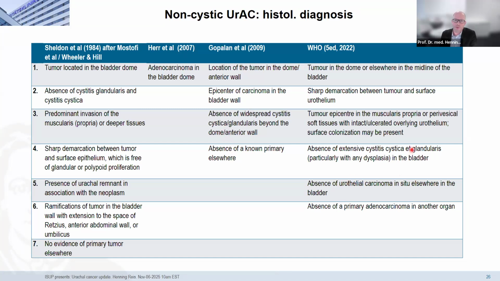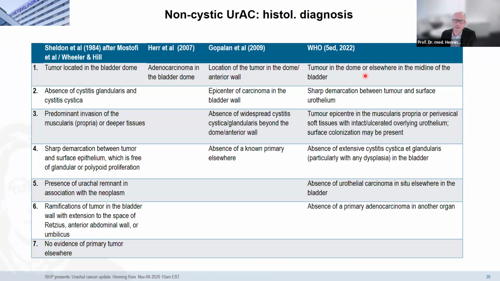So this system and also the other systems have been modified by the current WHO classification as well. I will not read everything because we all have the blue books and we can look it up, but these thoughts have been implemented in the current WHO 5th edition classification as well.